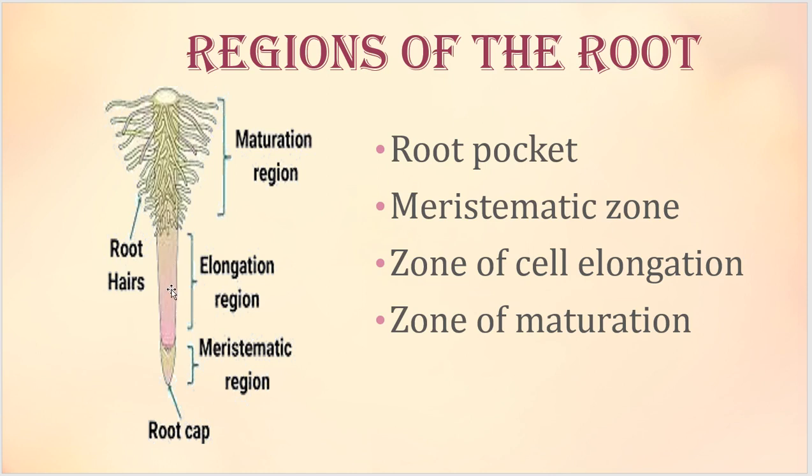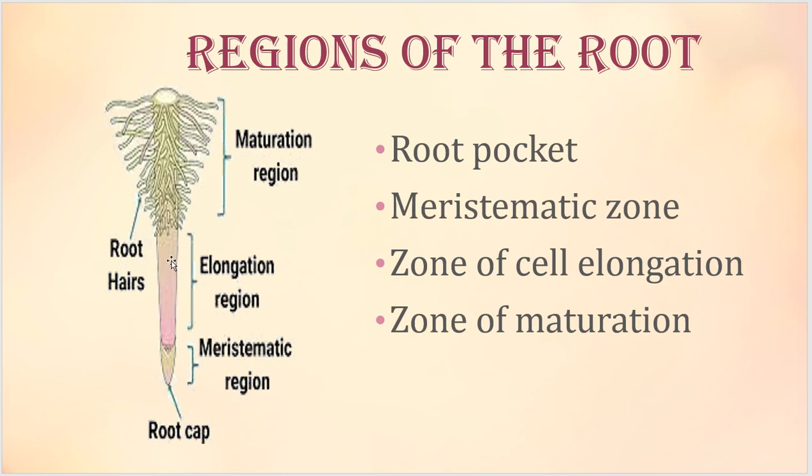And then the third region is the zone of elongation. Now, in this region, we have the meristematic zone, and the newly produced cells will always be pushed to the lower part of that region. So in this region, it's all newly produced cells.